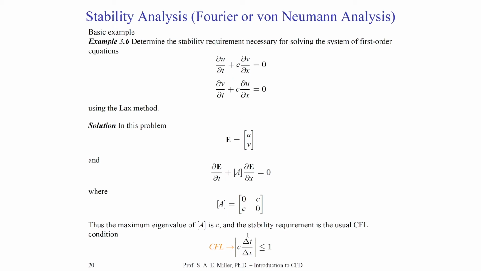What we can choose now is delta t. For example, if c is 1, delta t is 2, and delta x is 1, that would mean we have a CFL number of 2. It would be unstable because it's greater than 1. If c is 1, delta x is 1, and delta t is, say, 0.25, then of course we have 0.25 and the scheme is stable.